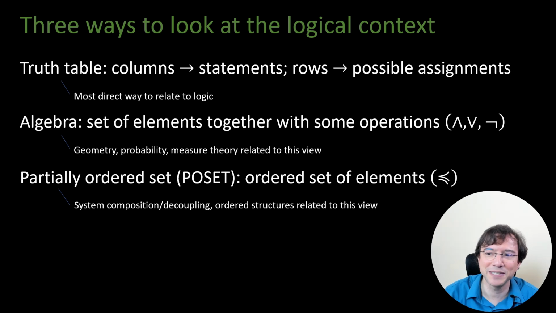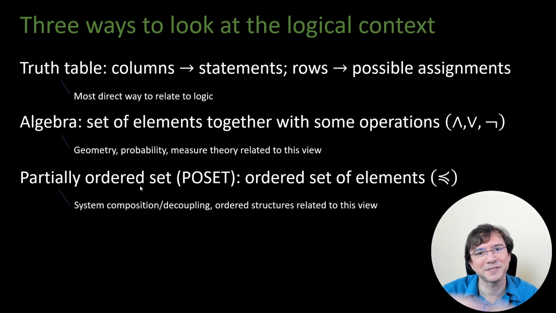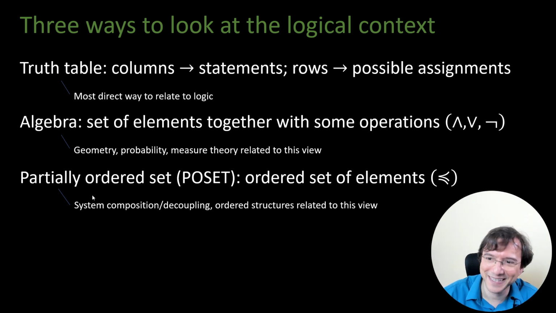And also when we're doing simple composition and decoupling, you can see that these things can be understood as a partially ordered set, because they inherit this structure. The statements about the parts and about the whole inherit this structure. And the third way is the thing that we had just before, that we have an algebra, the Boolean algebra.